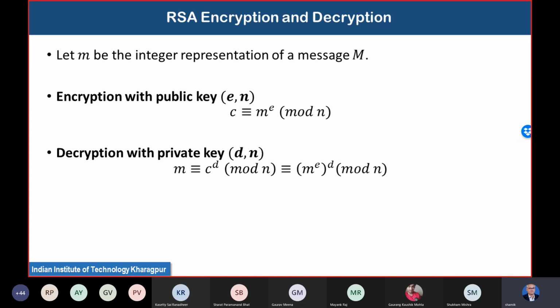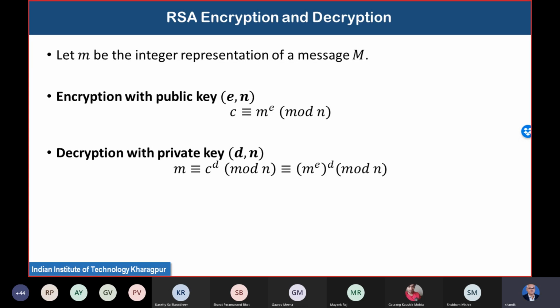The ciphertext c will be m raised to the power e mod n. When c is transmitted to the receiver, in the previous example Bob, e is the public key of Bob. Alice used this e to encrypt the message m to generate the ciphertext c.